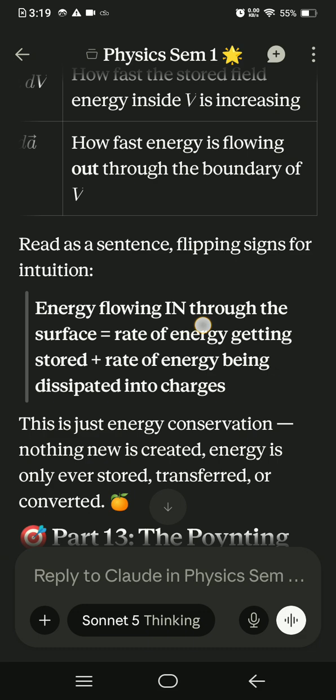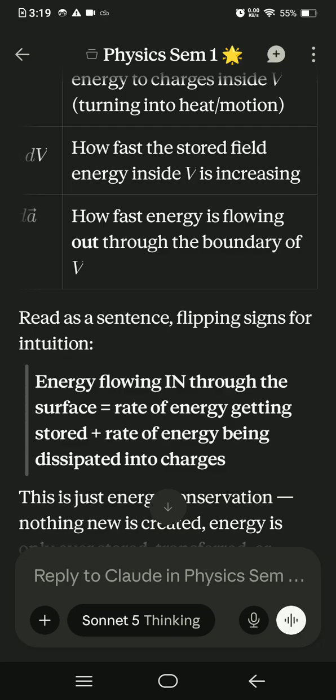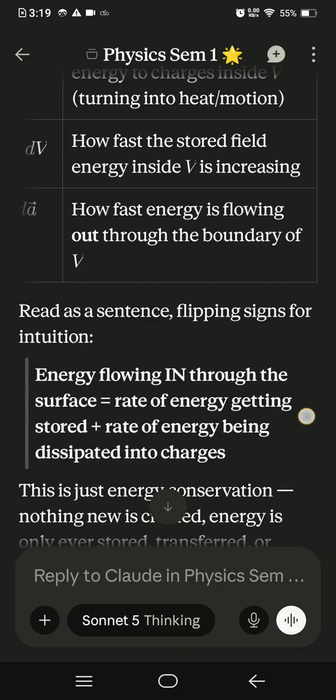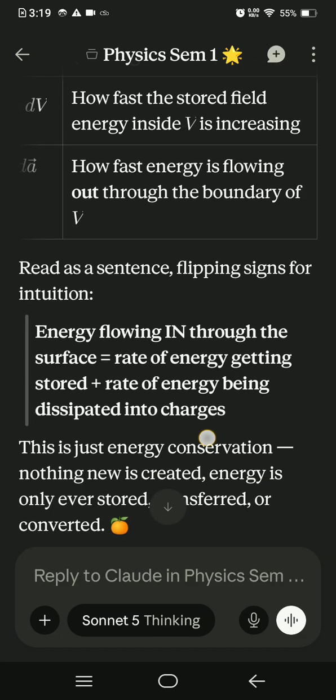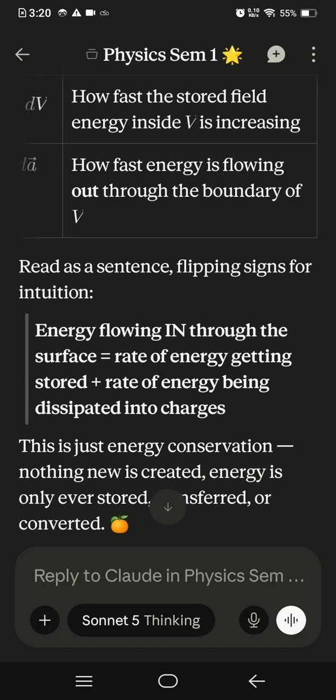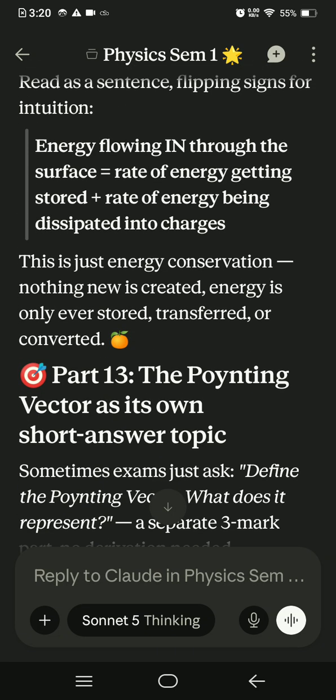So energy flowing in through the surface equals the rate of energy getting stored plus the rate of energy being dissipated into charges. It's still confusing, but this is just energy conservation: nothing new is created, energy is only ever stored, transferred or converted.